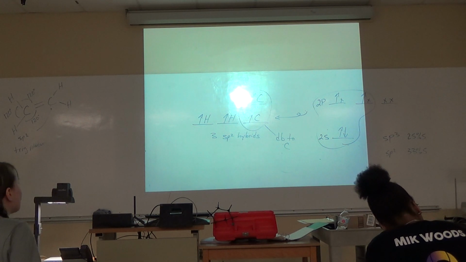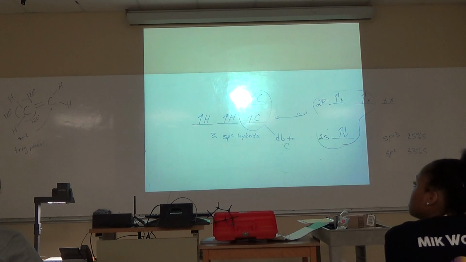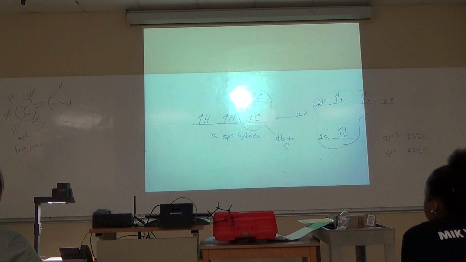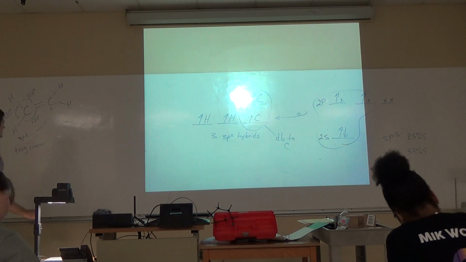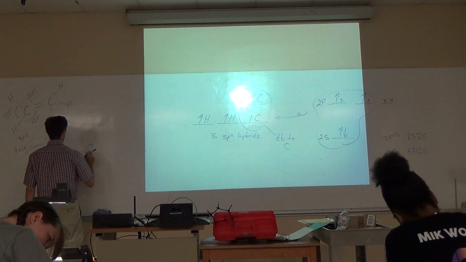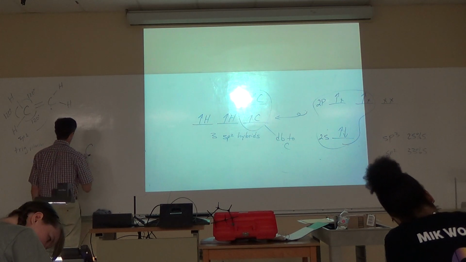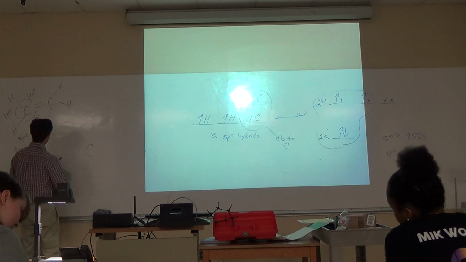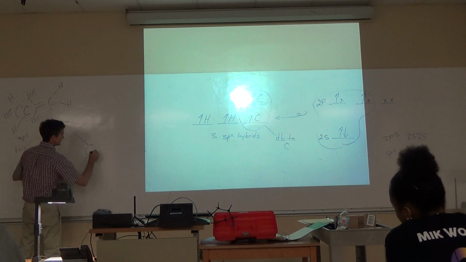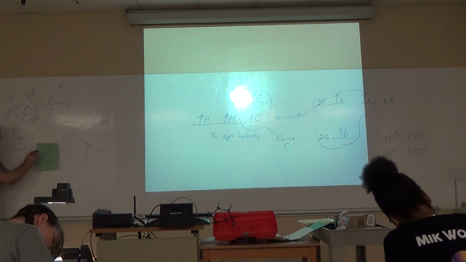Now, sigma bonds are always made with hybrids. How many sigma bonds did we make? 3. Okay. Let's draw the hybrids here. Carbon. What type of arrangement are they? Trigonal planar. Does that look trigonal planar? Everything's in the plane.